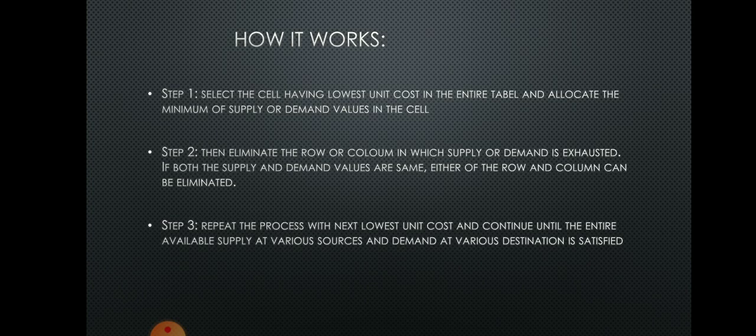If both the supply and demand values are the same, then we can strike both the row and column. Step three is to repeat the process with the next lowest unit cost and continue until the entire available supply at various sources and demand at various destinations is satisfied.